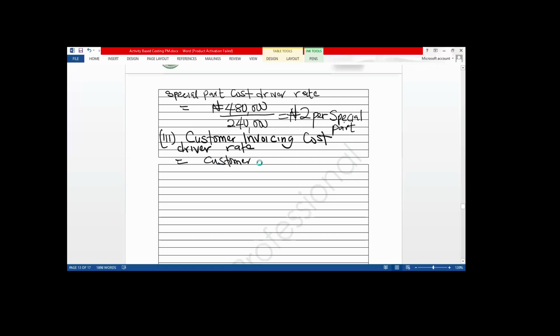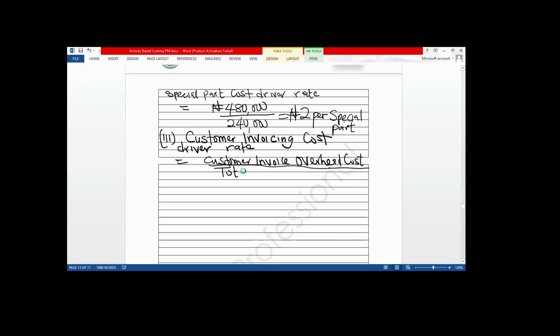Customer invoice overhead cost divided by, what is the cost driver for customer invoicing? Number of invoices.